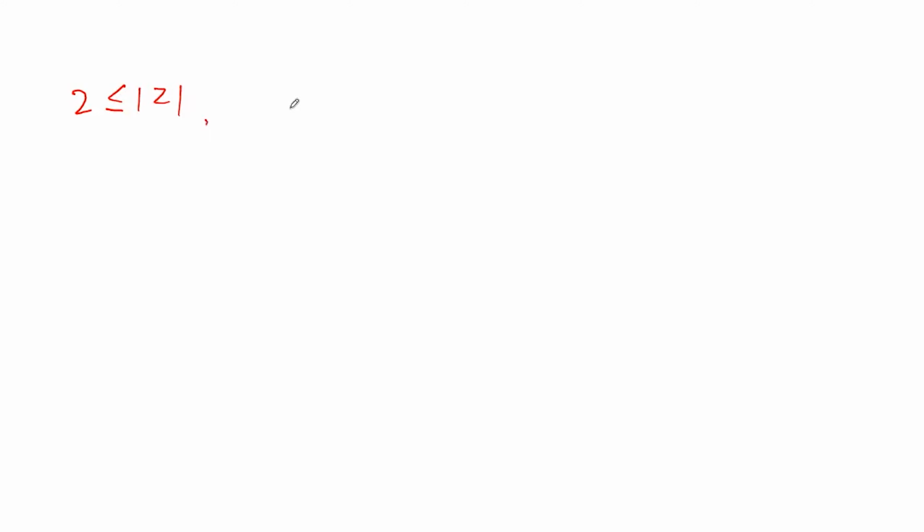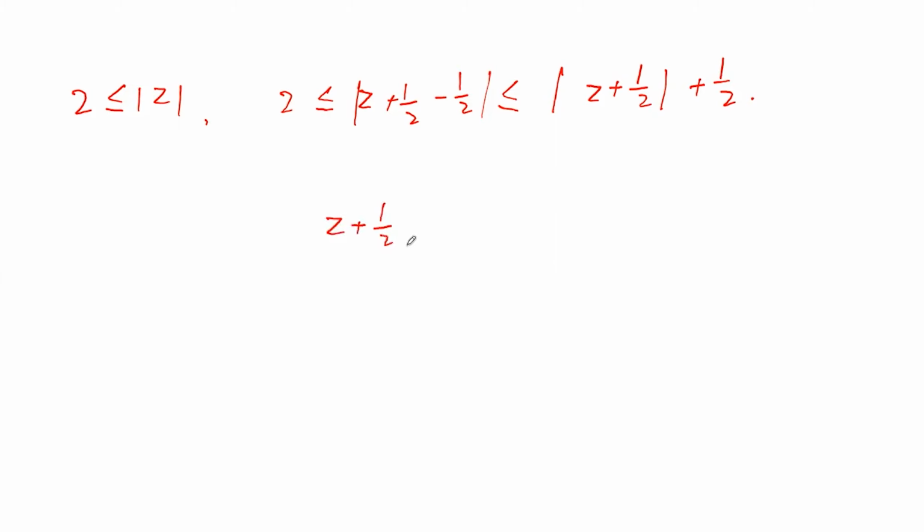So we can rewrite this z as z plus half minus half in the mod. By triangle inequality, we know that this will be mod of z plus 1 by 2 plus 1 by 2, right? So now directly we can say mod of z plus 1 by 2 is greater than or equal to 2 minus 1 by 2, and that's 3 by 2, right?